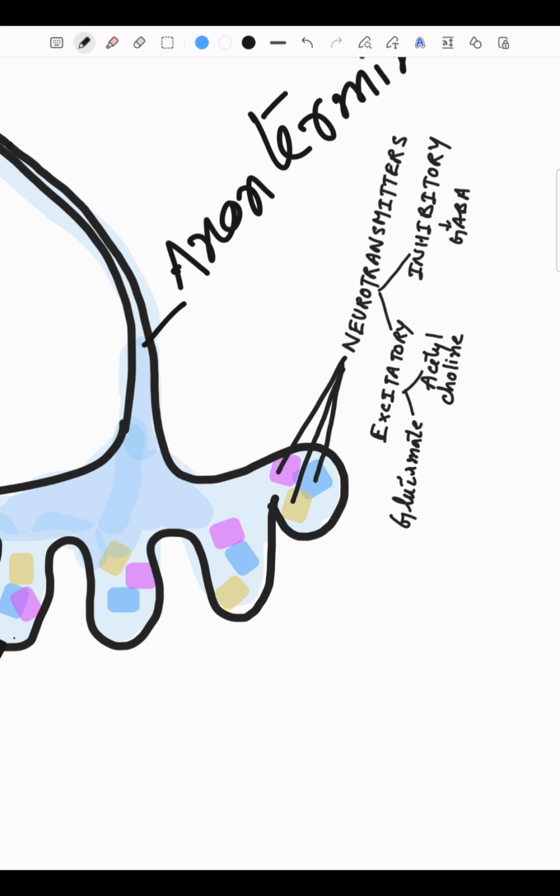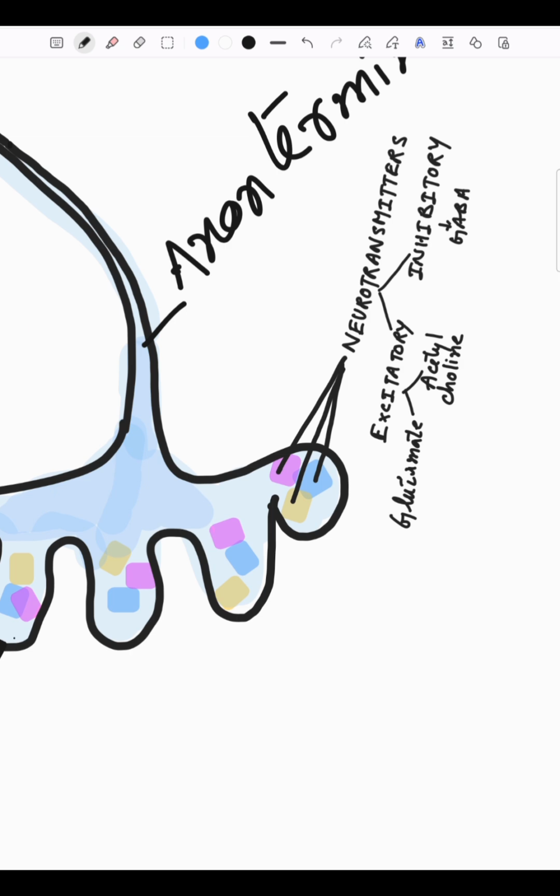Depending on the type of neurotransmitter and receptor, they can either excite or inhibit a response. Neurotransmitters are essential for regulating a wide range of bodily functions, and one of them is muscle contraction.